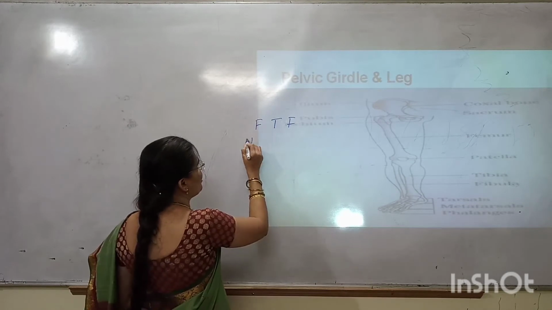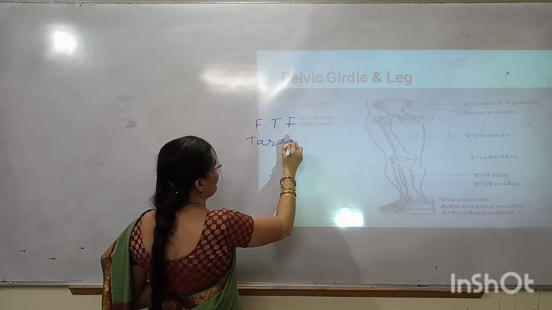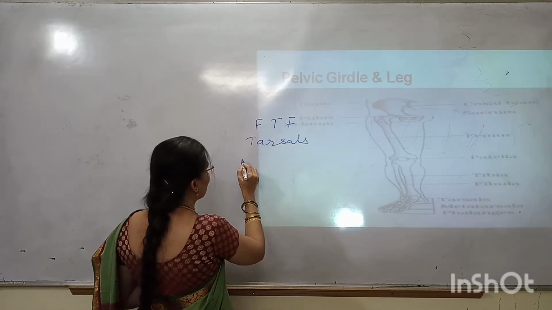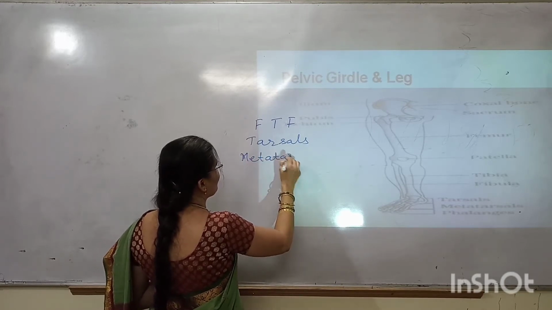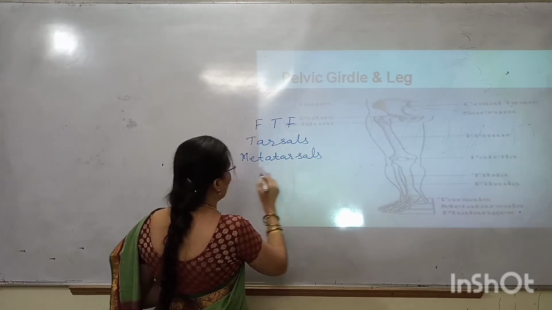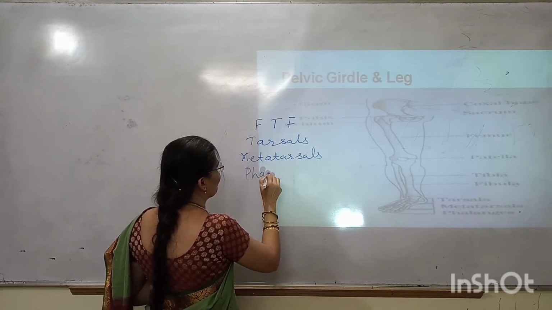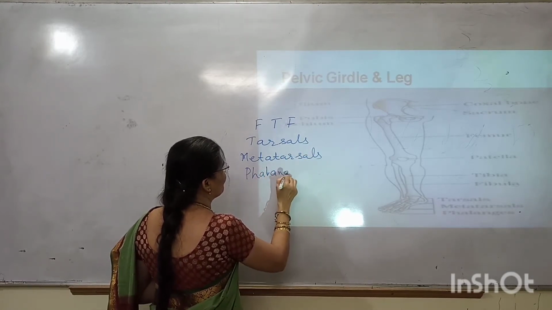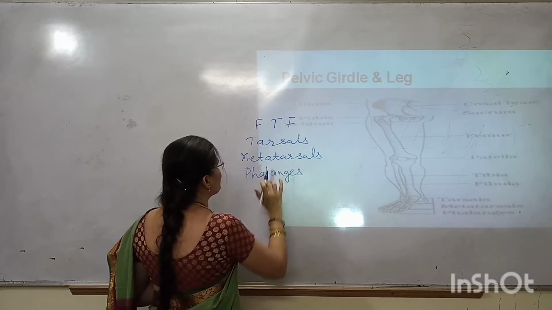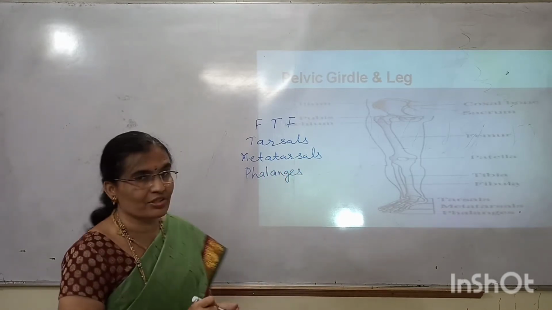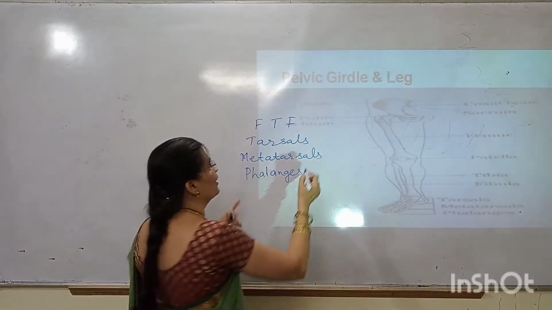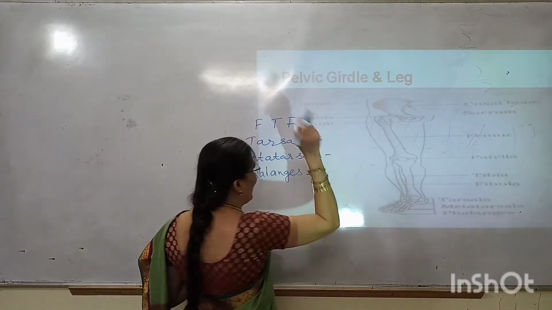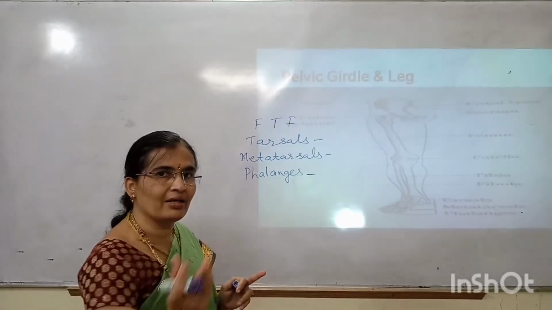What are the bones? Tarsals, metatarsals and phalanges. There in hand, what were the wrist bones? Carpals, metacarpals and phalanges.